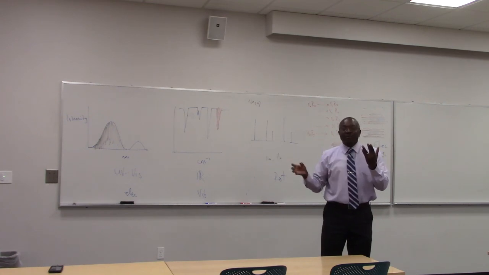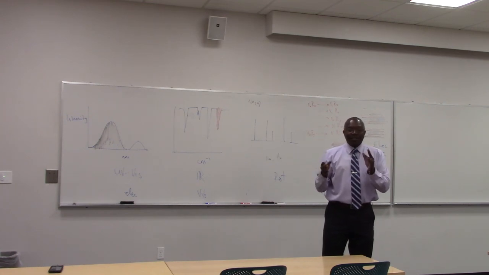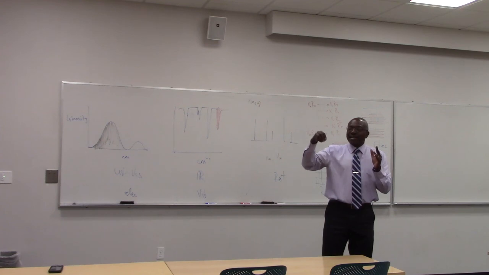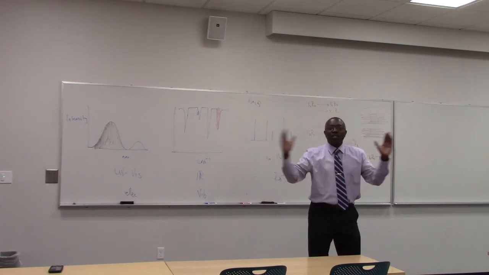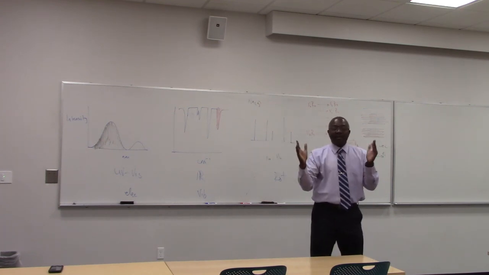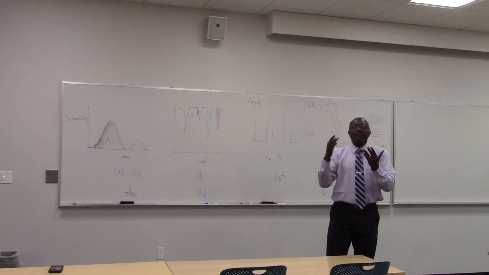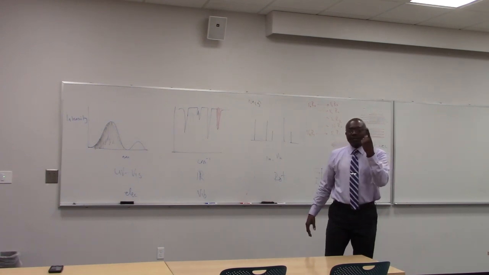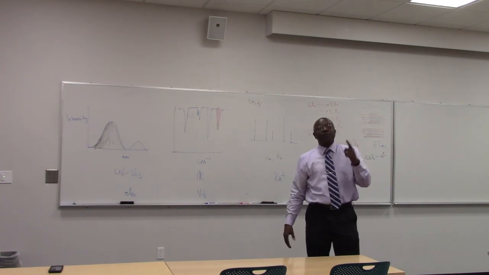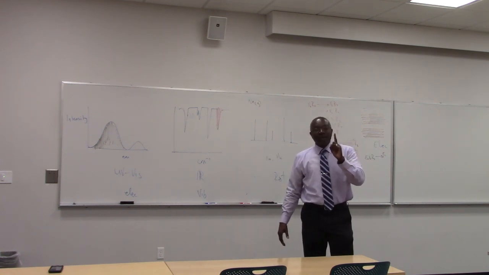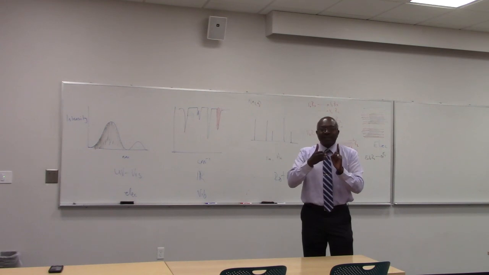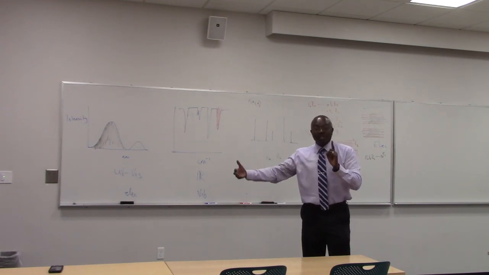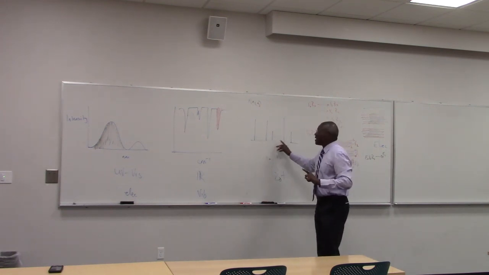Atoms can't vibrate because vibration requires an external point about which at least two atoms are oscillating. If I'm monatomic, vibration is impossible. So it means the only type of spectroscopy that an atom can undergo is electronic, which means it's not poisoned by vibration or rotation, so I just get discrete lines.